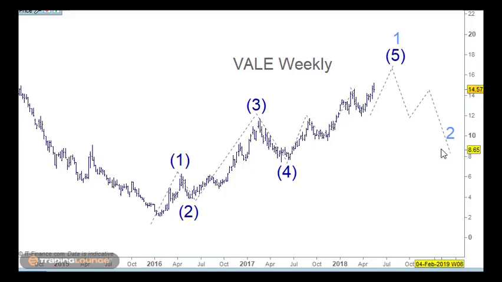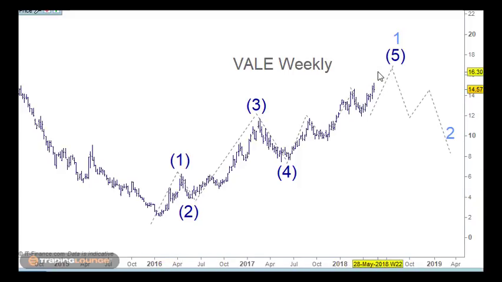And the reason I'm pointing this out is that once this corrective wave starts, we'll probably see a switch from the resources into the banking sector, and we'll see the banking sector move to the upside, because that's been moving to the downside while this has been moving to the upside.